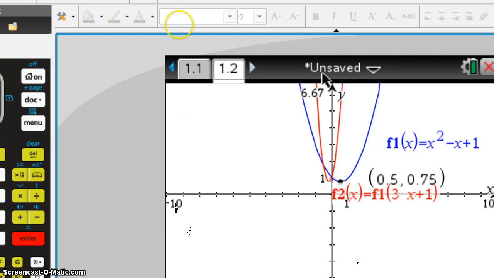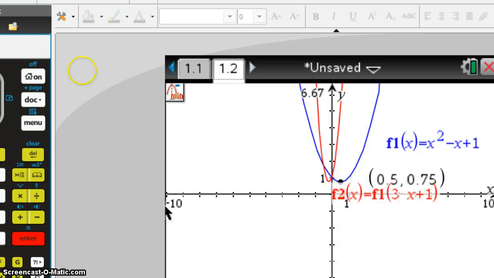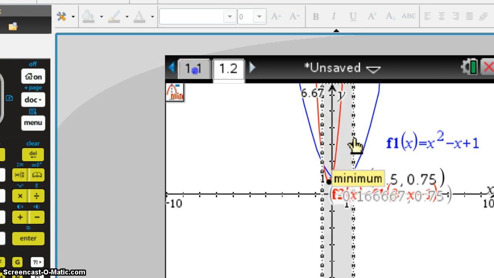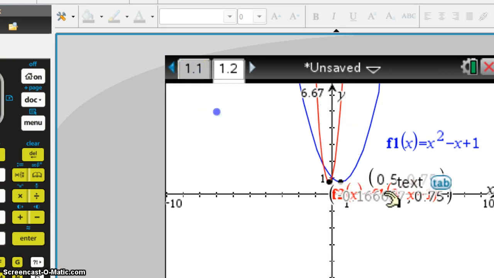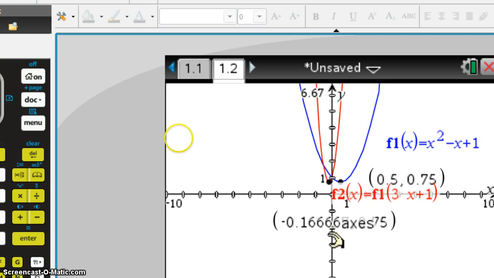Okay, so you can see it's a lot skinnier, obviously, because everything has been dilated, and it's also been translated as well. Let's have a look at the minimum point, just so we get an idea of what's happened. Okay, the y value hasn't changed, which is good because we probably knew that anyway, but the x value has changed.